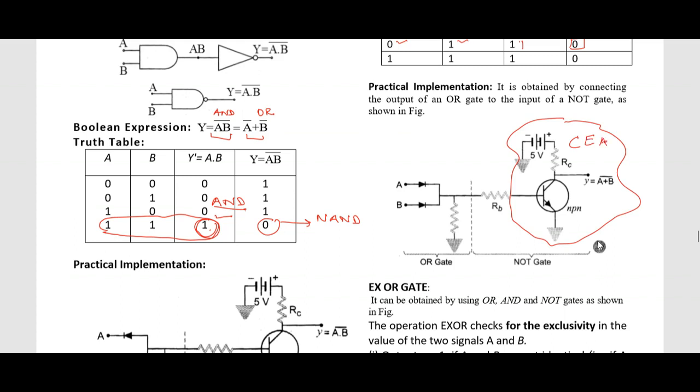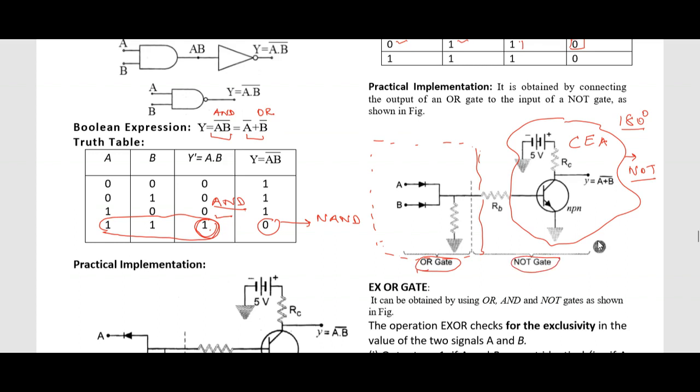Common emitter transistor introduces a phase difference of 180 degrees and it acts as a NOT circuit. And this part is basically a diode implementation of OR gate. I will take this part in broken lines. Here it has been clearly written, this part is OR gate and this part is NOT gate.